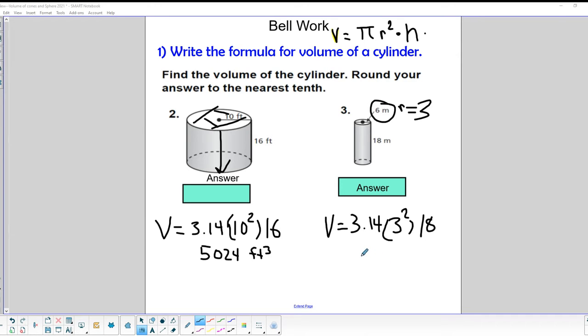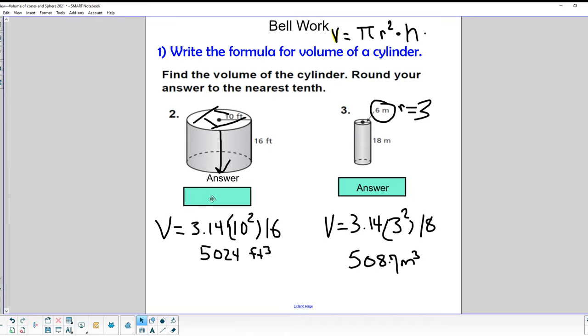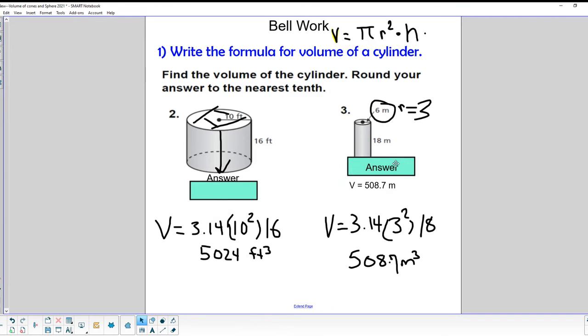So we're going to round that to 508.7. 508.7 meters cubed. Okay, let's check our answer, see how we did. Look at that, 5024 cubic feet, 508.7, we are good. All right, let's move on.